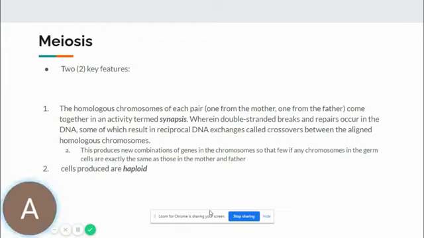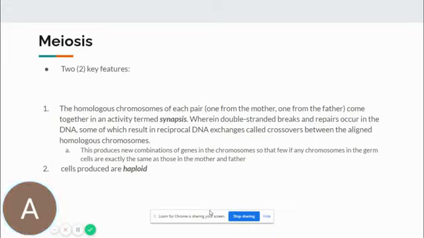Pag panganak sa'yo, usually, may makukuha kang features from your mother, meron ka rin makukuha features from your father. You might get your height from your father and the shape of your nose from your mother or the color of your eyes from your mother, no? The color of your skin from your father, because of the reproductive process pala.